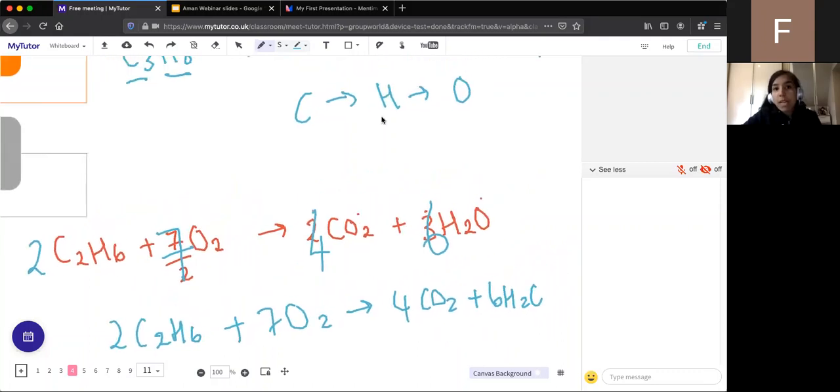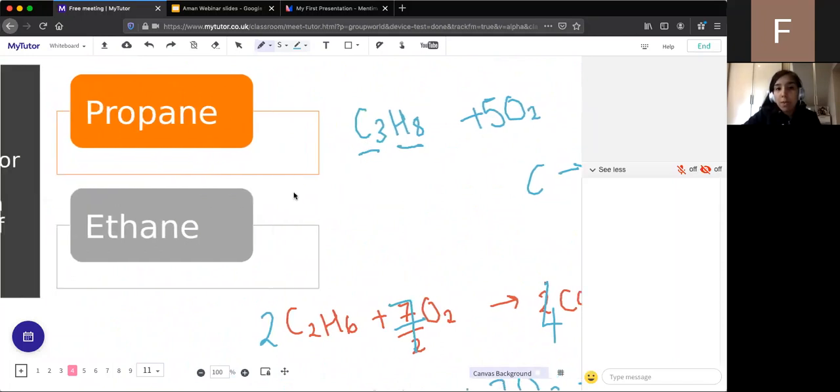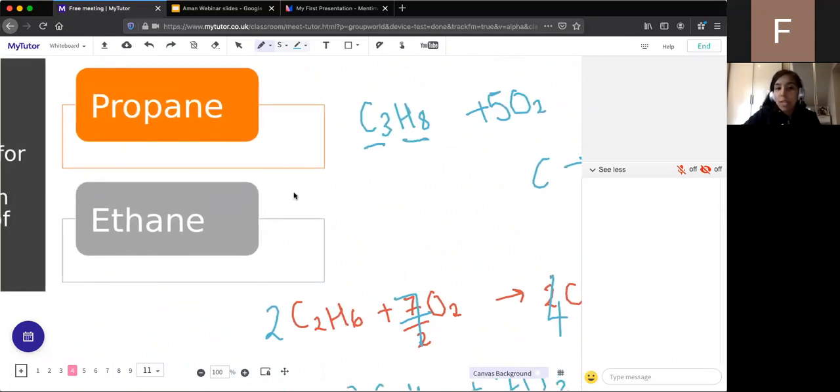From what I've seen in exam questions, either they'll ask you to do the complete combustion of the first 4 alkanes, so remember methane, ethane, propane or butane, and you write them out yourselves, or they will give you an alkane already on there, something that's probably got a higher number of carbon atoms that you're not expected to know, and then you just need to write out the carbon dioxide and water and balance it. So that tends to be what they do. But any questions on that before we move on to incomplete combustion? So that's complete combustion, carbon dioxide and water is produced.